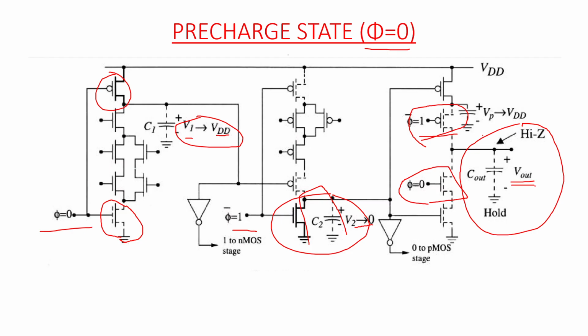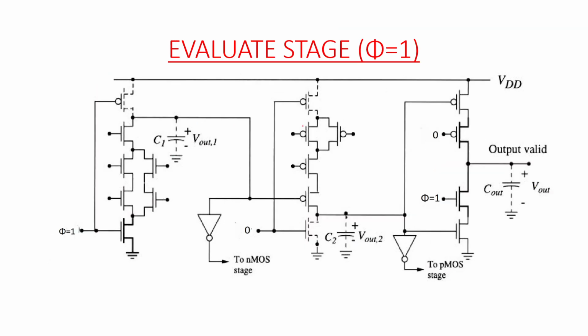Now let us see what happens when we are in the evaluation stage. So remember, we are considering this for NORA phi section. So in NORA phi section, the evaluation happens when phi equal to 1. So as you can see, when phi equal to 1, then this capacitor voltage will be equal to Vout 2, and this capacitor voltage will be equal to Vout 1.